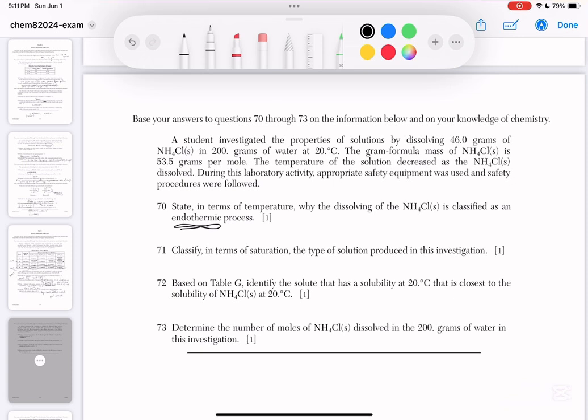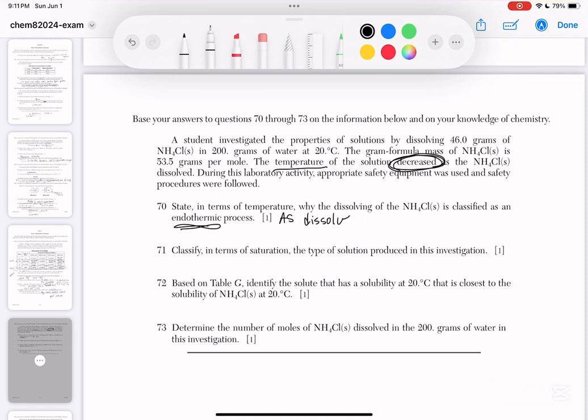Okay. Endothermic process. For this one, you should read this little excerpt they give you. It's very helpful. It gives you actually information you need to answer the question. So for endothermic processes, the temperature of the solution decreased, according to the excerpt.